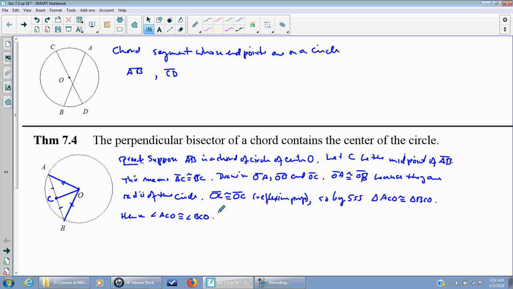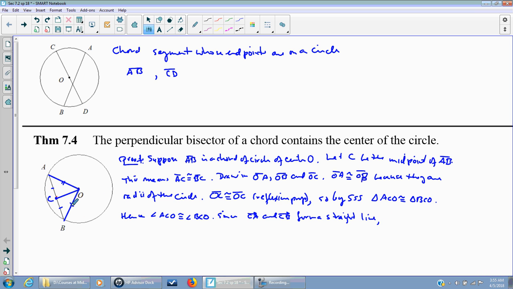Okay, now these are two adjacent angles, and their exterior sides here form a straight line. So since CA and CB form a straight line, okay, then we have 180 degrees here.